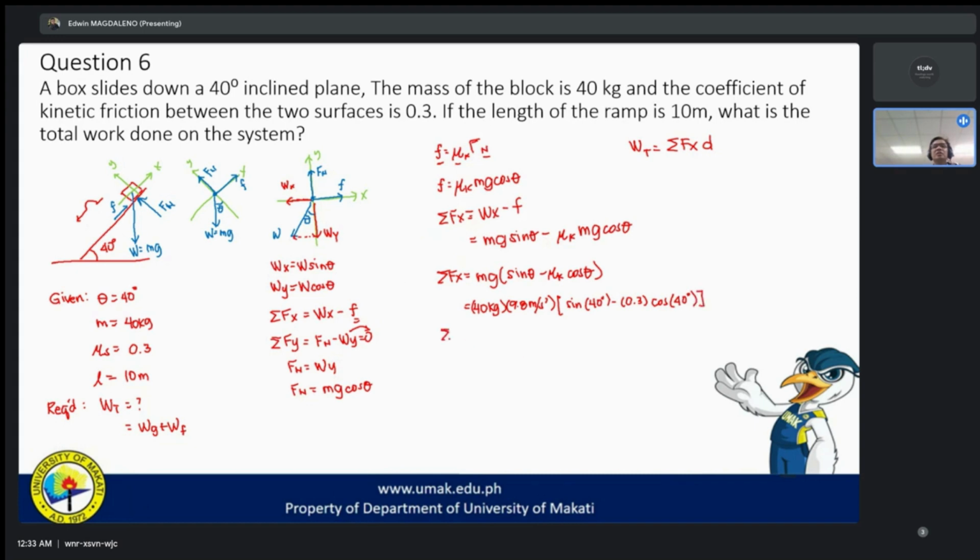So the summation of forces along the x should be equal to 161.89 newtons.